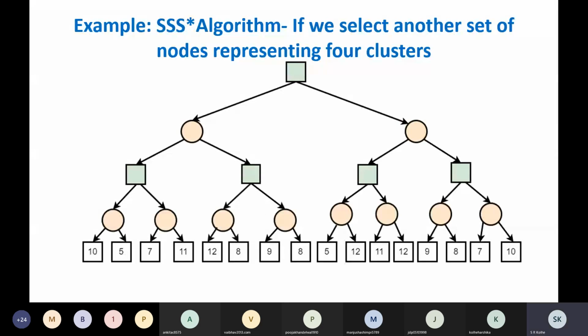If we select another set of nodes representing 4 clusters, now this is for homework: solve the same problem. Instead of selecting a set of nodes, what nodes did we select? 10, this 10, 7, okay.